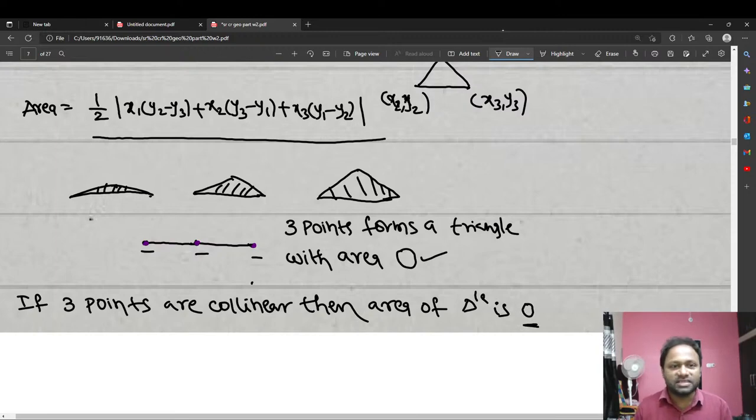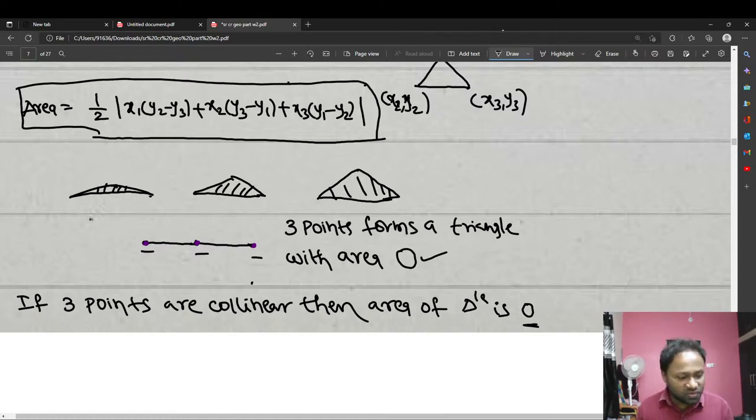This is the formula for the area of the triangle. In the next class we will do some more problems based on the area of the triangle, the property of collinearity.